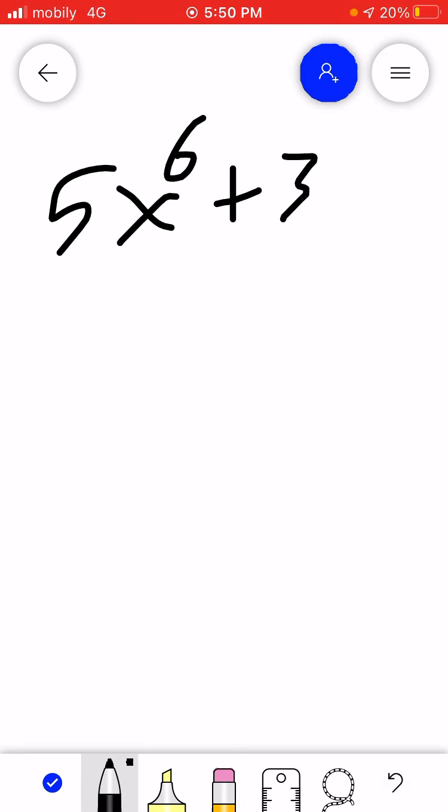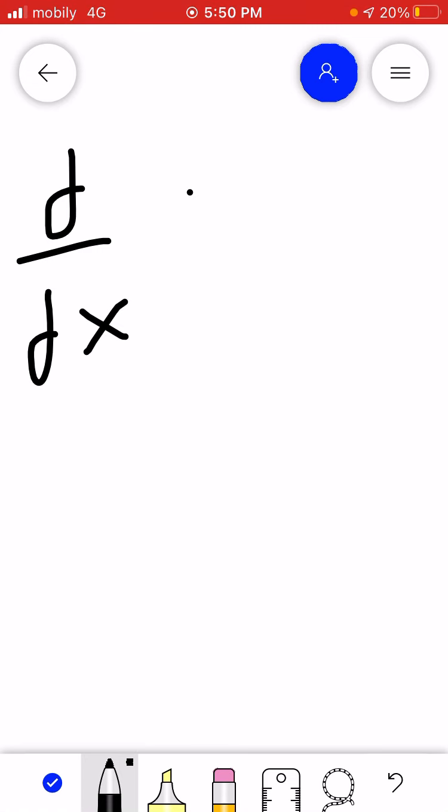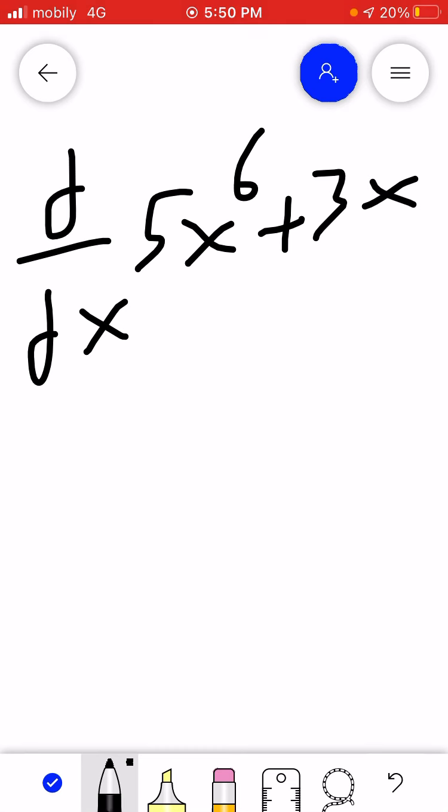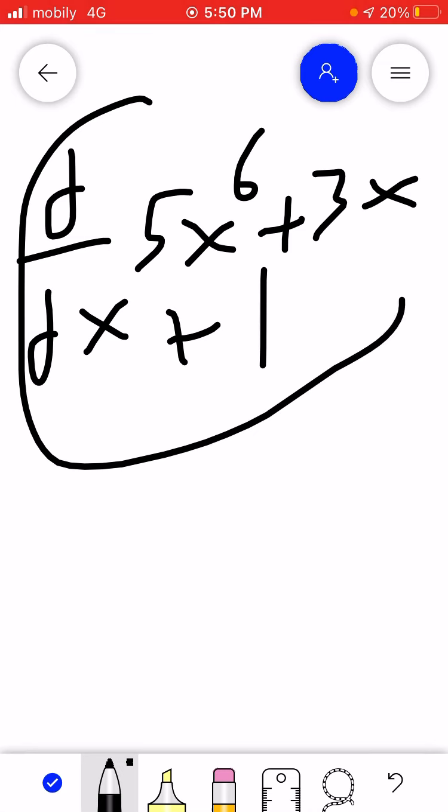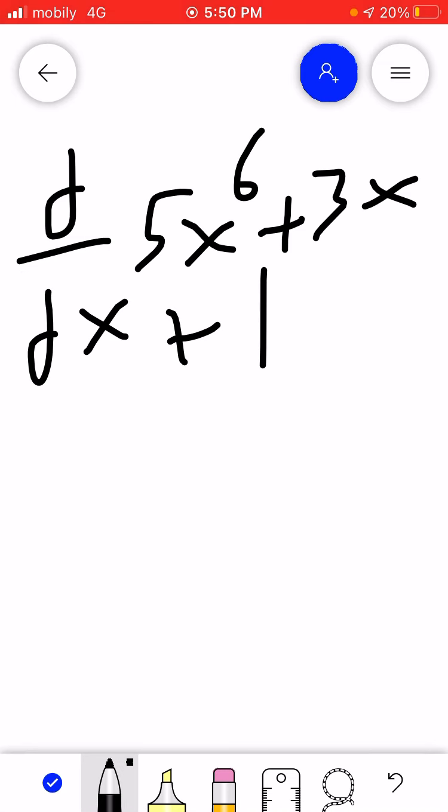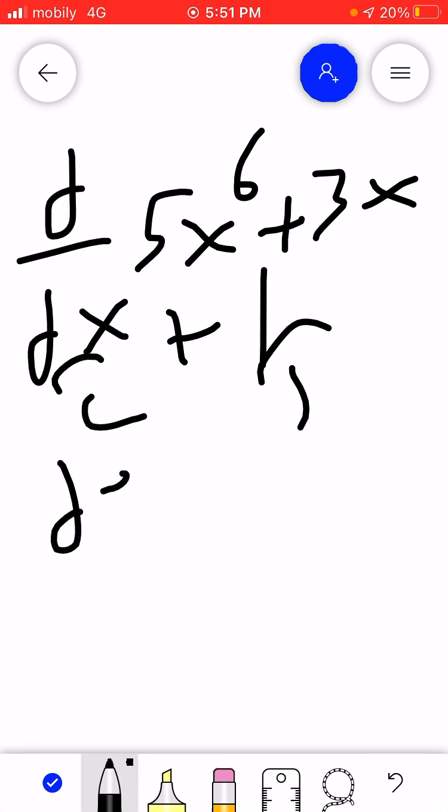I hope that helps. It's written as d over dx. For example, d over dx of 5x to the 6 plus 3x plus 5, and then we need to find the answer for this one. d over dx represents the derivative.